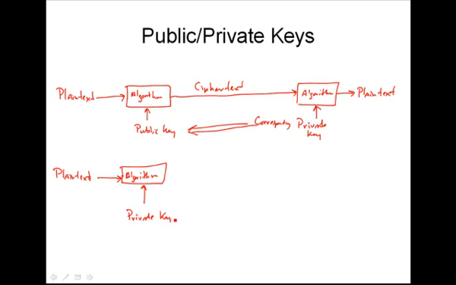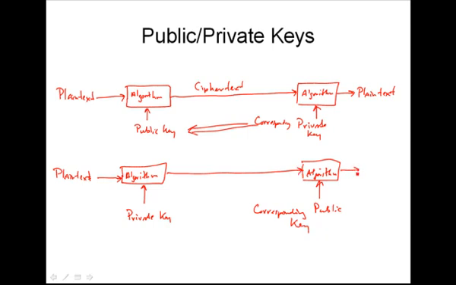If we use a private key, the only thing that will decrypt this is the corresponding public key. And what we're going to get out here is, again, the plain text. And what I'm trying to show you here is, if you encrypt something with a private key, the only thing that can decrypt it is the corresponding public key.